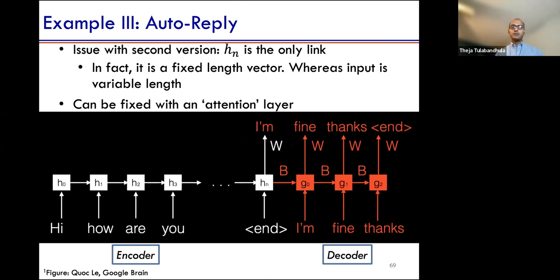Okay, so let's actually fix another issue, and I'm going to switch to a different slide deck in a second, which is that if you look at this encoder-decoder architecture, you see these white boxes, which is the RNN cell being called several times. The only thing that is being used to decode is actually just the last hidden vector, right?